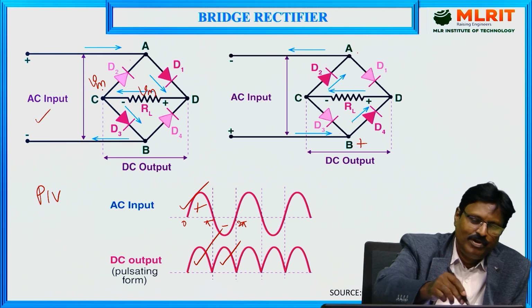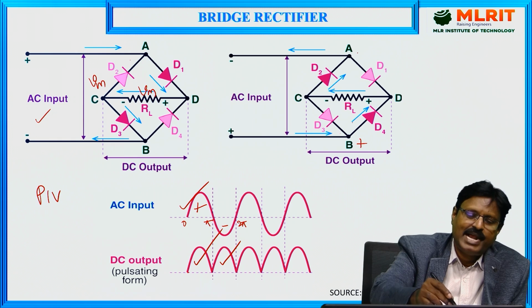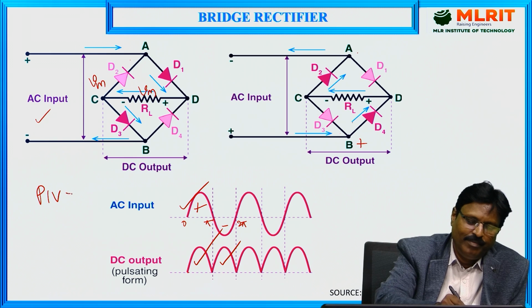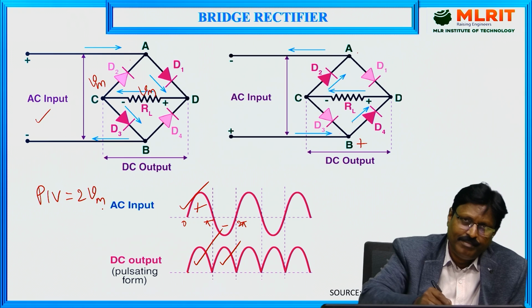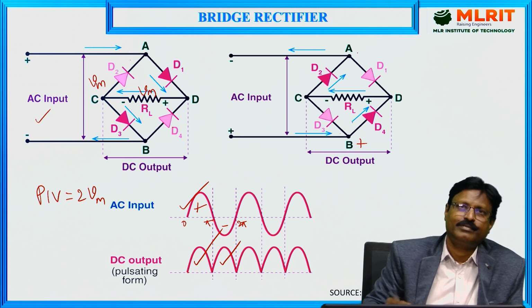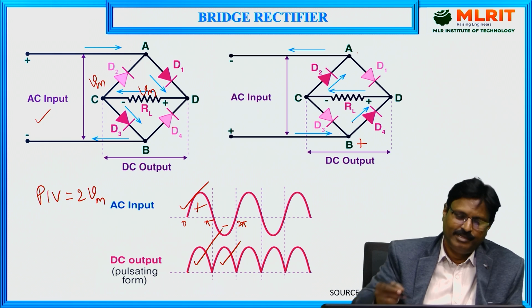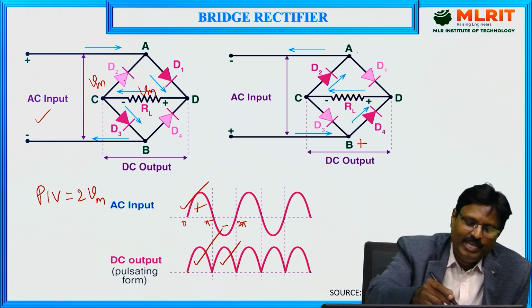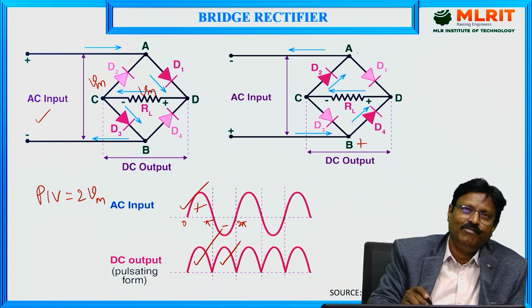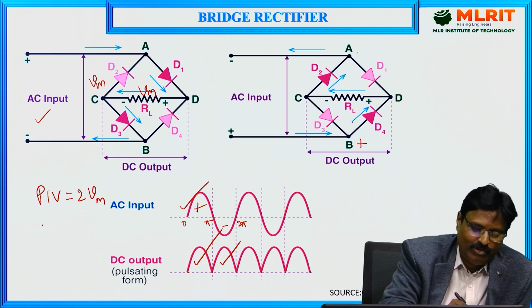So the total voltage withstood by the 2 reverse bias diodes, D2 and D4, is Vm plus Vm, which is 2 Vm. But this 2 Vm is being shared by the 2 diodes D2 and D4. So what is the PIV of each diode? You will be getting Vm.